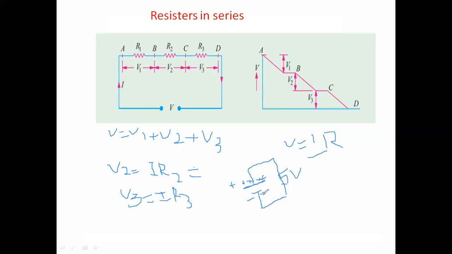The electrons will try to reach the positive charge carriers. I think you may have studied in chemistry that the positive charge carriers are nothing but the holes, and the negative charge carriers are the electrons.